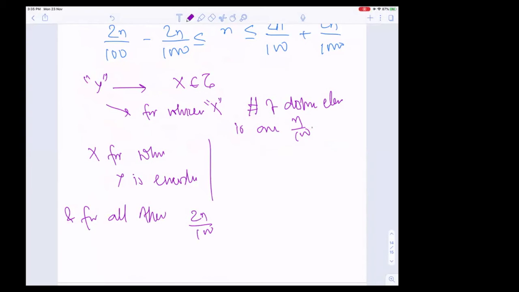But if I feed it some other string different from X, then they differ at far too many places and the number of distinct elements will blow up. So I can see the difference, and if it is near 2n over 100, then I know this is not the X for which this is the encoding. Throw it out. The moment someone becomes closer to n over 100, I say, yes, you are my encoding.